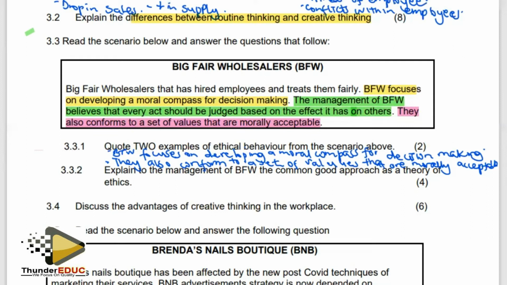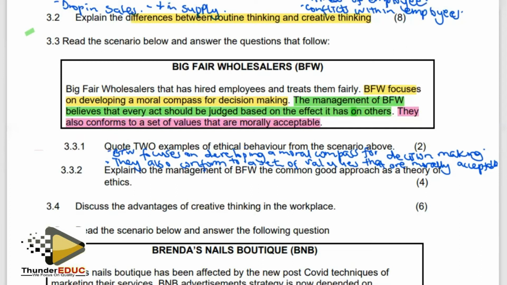Another question asks us to explain what the management of BFW, the common good approach, means as a theory of ethics.